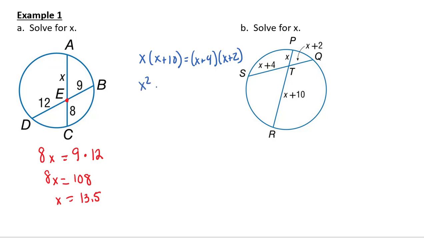So x squared plus 10x is equal to, when I multiply all that out, x squared plus 6x plus 8. Luckily, I subtract, and those x squareds cancel. They're not always going to cancel, people. We're going to have to do some factoring. I subtract the 6x over, and I get 4x equals 8, and x equals 2. I don't know why that was so complicated for me.